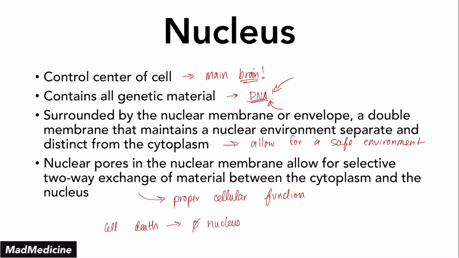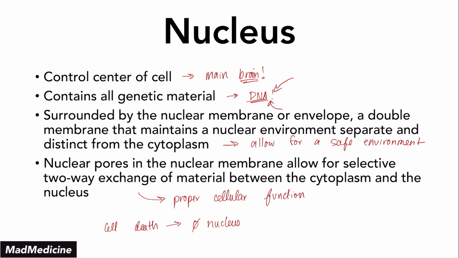Well, if you are shown or told that there is a cell without a nucleus in it, it could either be a prokaryote or it could be a dead cell, and you need more information, or you need to use the contextual clues to understand what they are talking about. So make sure you understand this basic concept of the nucleus.